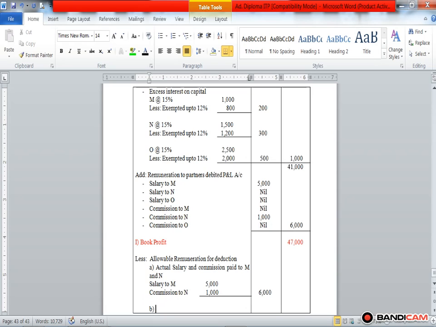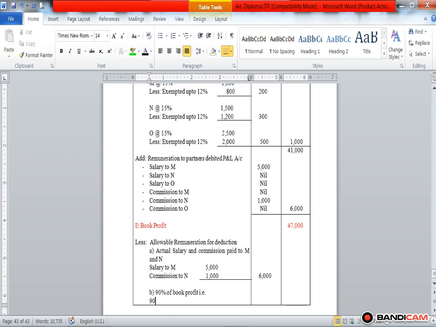Salary allowable under section 40(b) is 90% of book profit, that is 90 divided by 100 multiplied by 47,000.